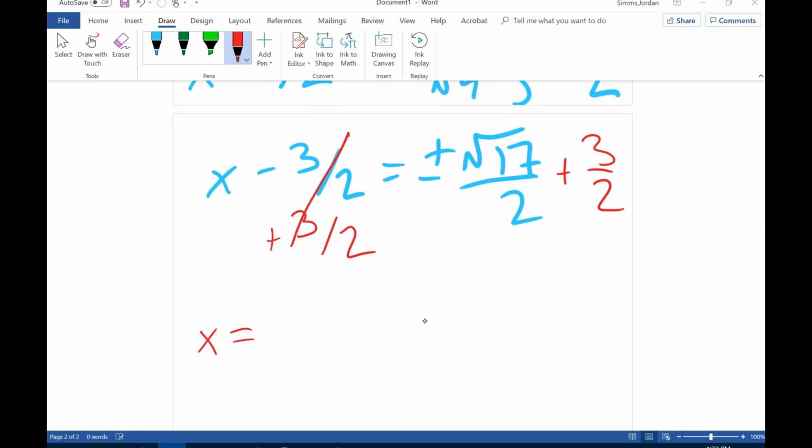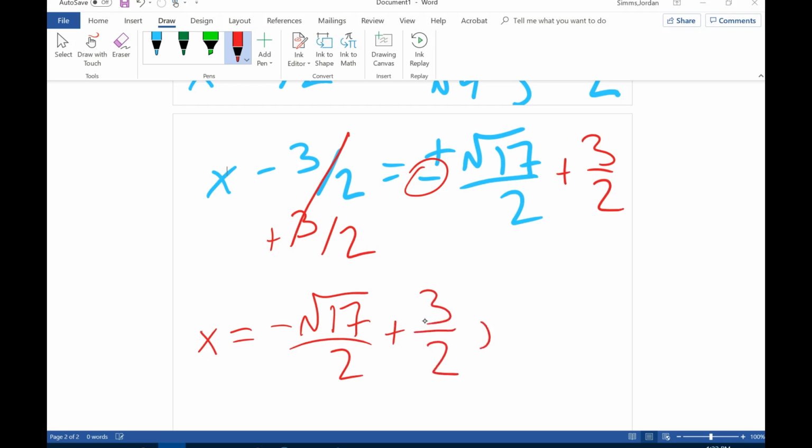So x is going to equal, I always like to put the negative first, so I would call this negative root 17 over 2 plus 3 halves, and then a comma. Watch how you enter all this: your comma can't be down here, so make sure you arrow key once to the right to get it over here. And then we're just going to have the positive of that, positive root 17 over 2 plus 3 halves.